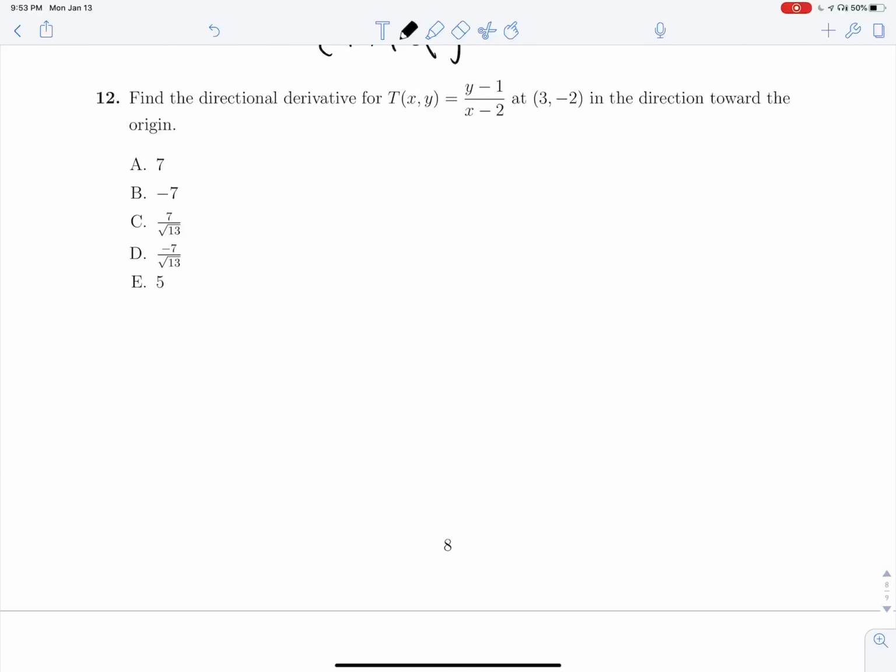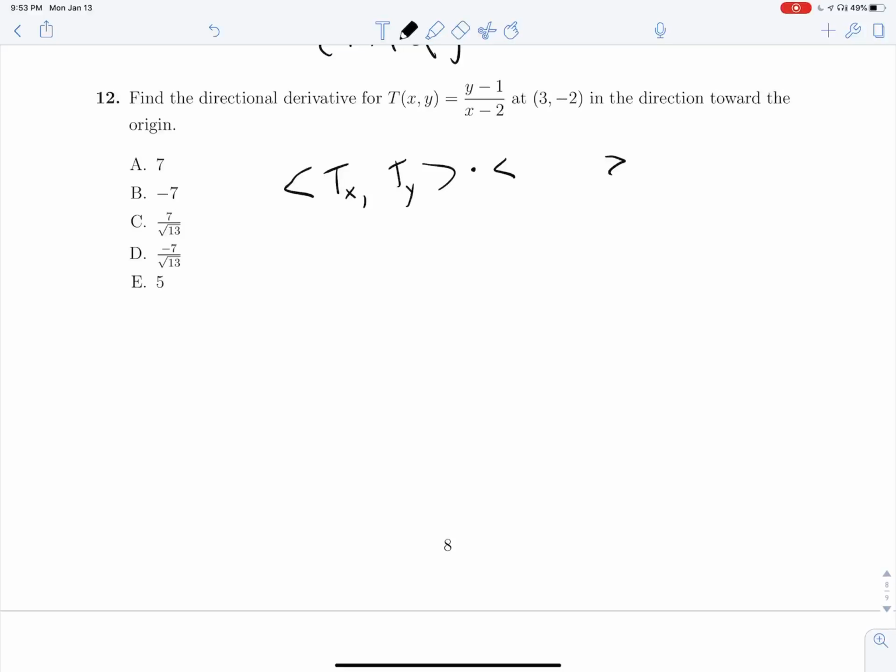Let's find the directional derivative for T of x and y that's given there at 3, negative 2 in the direction of the origin. So we know that we are going to need our gradient vector for a directional derivative, and that's just going to be the vector of Tx comma Ty, and we're going to be dotting that with the unit vector of the direction that we are pointing in.